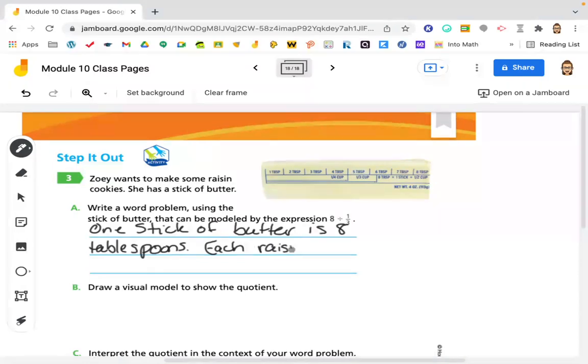Each raisin cookie has 1/3 tablespoon of butter.